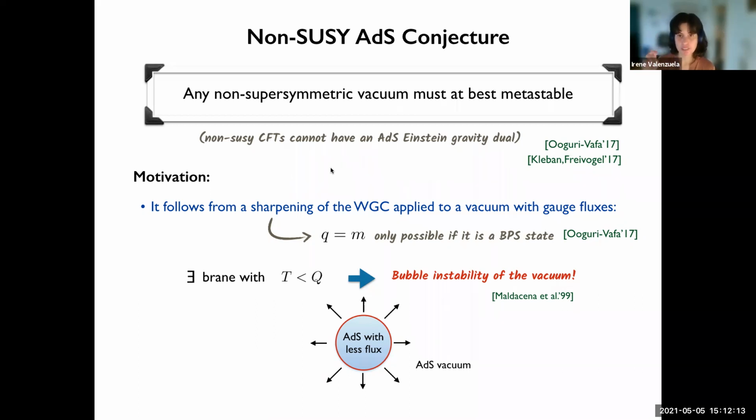So there are non-SUSY CFTs that you cannot have. If you have a non-SUSY CFT, either it has an AdS Einstein gravity dual, but done with the trick of breaking supersymmetry with boundary conditions, or it doesn't have an AdS Einstein gravity dual.